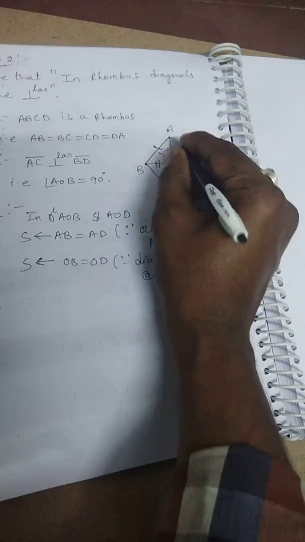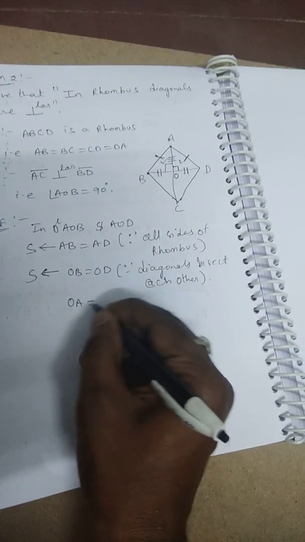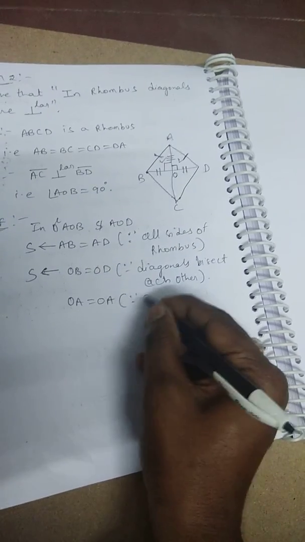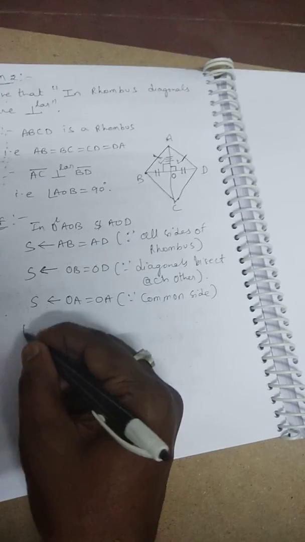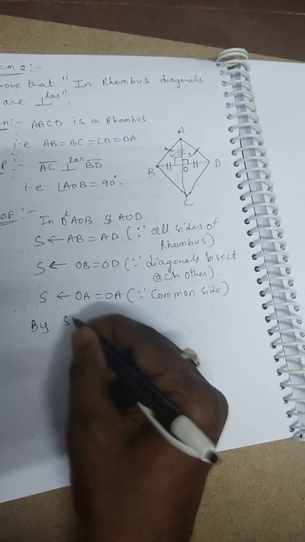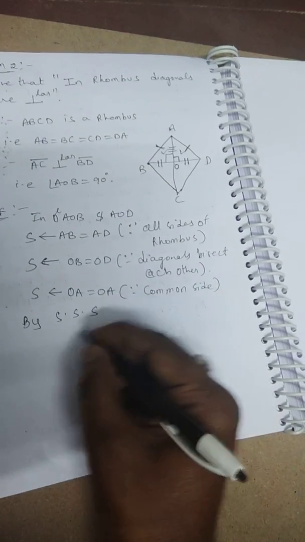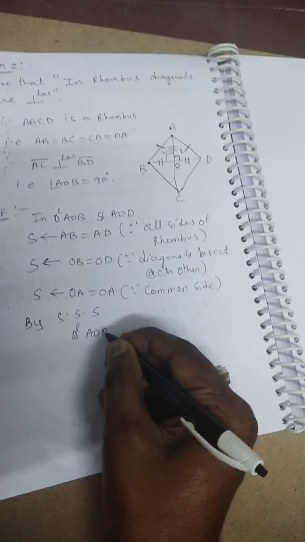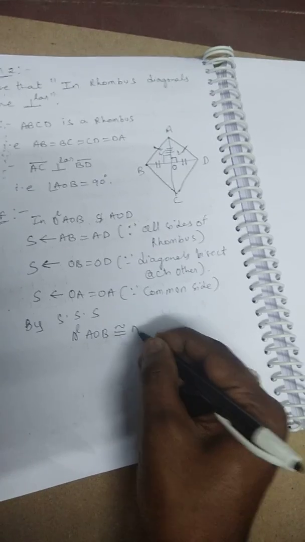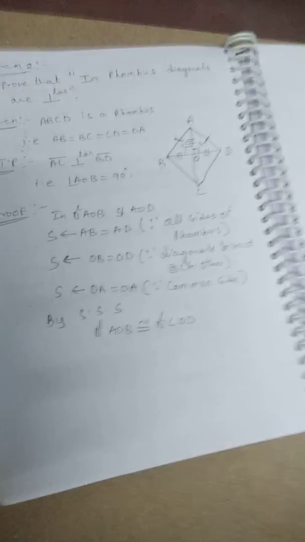This is one side, and this is the common side. OA is equal to OA, since it is the common side. This is one more side. Now, by the SSS rule, I can say that triangle AOB is congruent to triangle AOD. These two triangles are congruent.